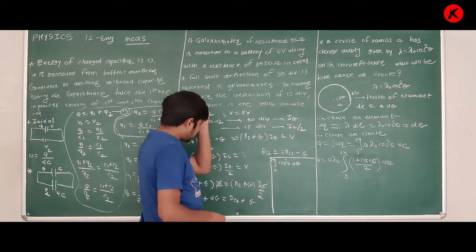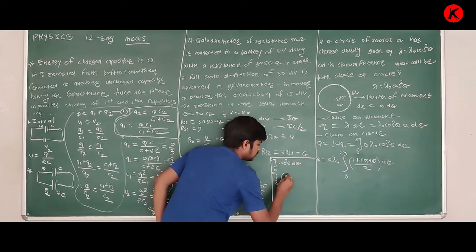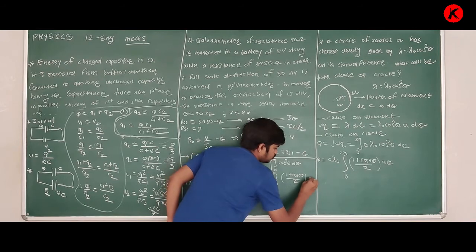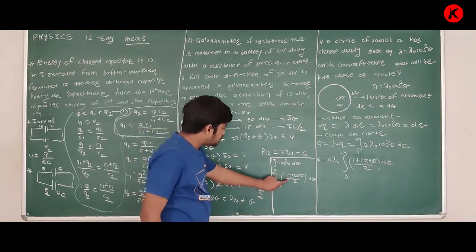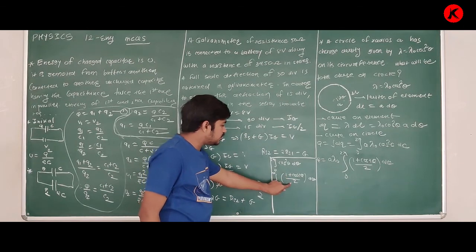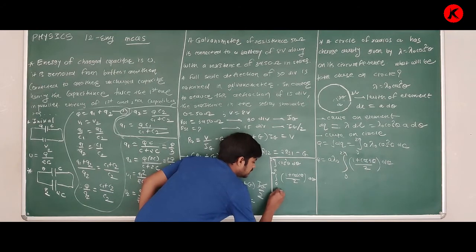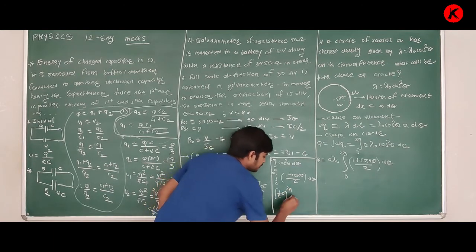So cos square theta is 1 plus cos 2 theta divided by 2 d theta. If I separate the term 1 by 2, then what is the integration of 1 by 2 d theta? It is obviously 1 by 2 theta, limit from 0 to 2 pi.